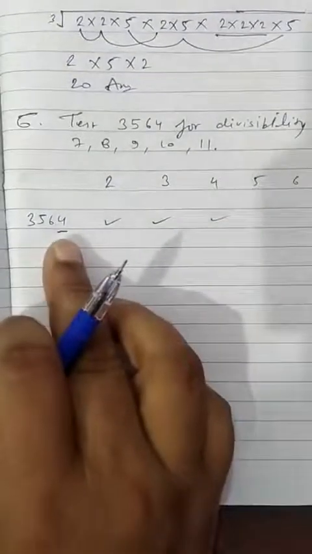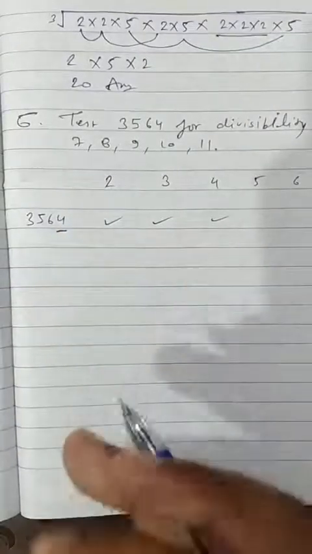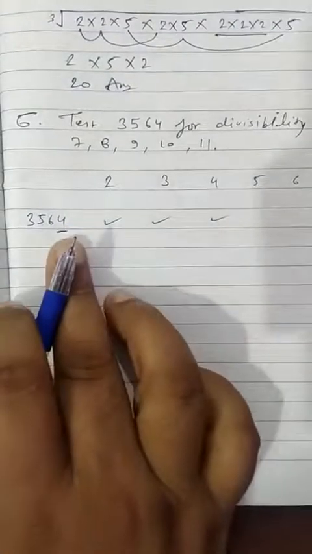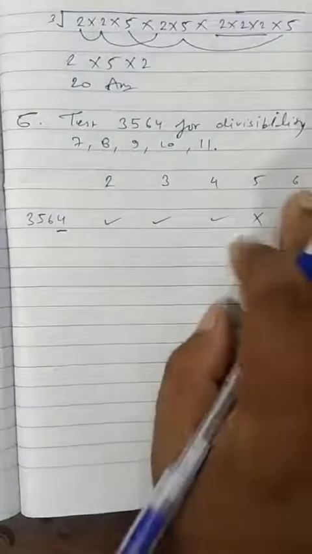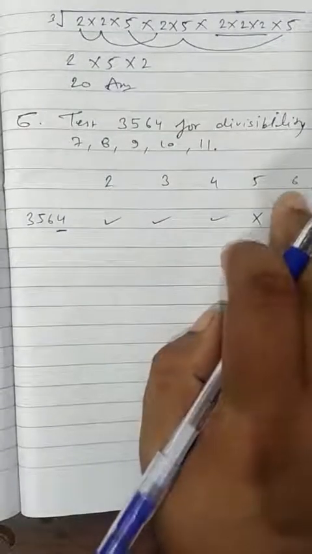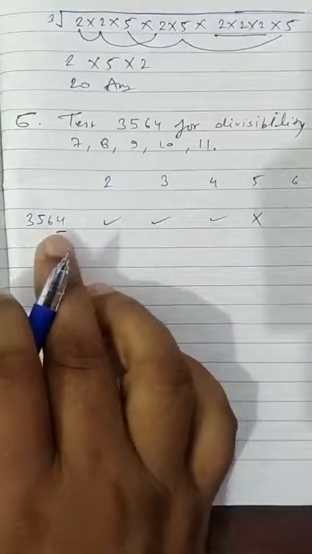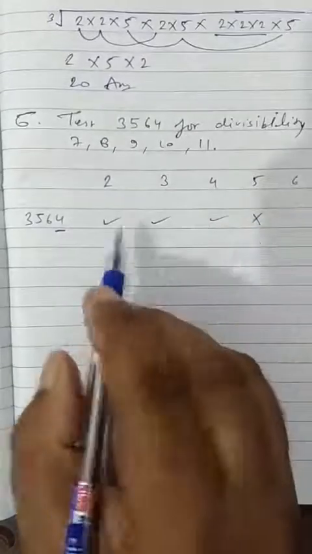Now its last digit is 4 and 5 needs 0 or 5 at the unit place, so this number is not divisible by 5. Cross here. And 6 says if the given number is divisible by 2 and 3 both, only then the number will be divisible by 6. Here we have ticked 2 and 3, so 6 will automatically be ticked.